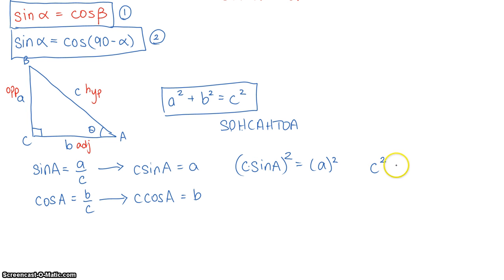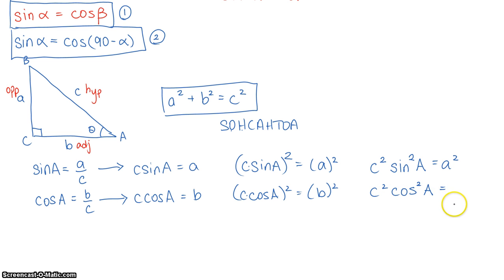Now, how we write this algebraically is like this, because sine is being squared, not the angle being squared. So now I have that. On this one here, same idea, we're going to square both sides. When I square this, both terms get squared, so I get c squared, and again cos squared of a, because the angle is not being squared, it's the whole function of cosine that's being squared.